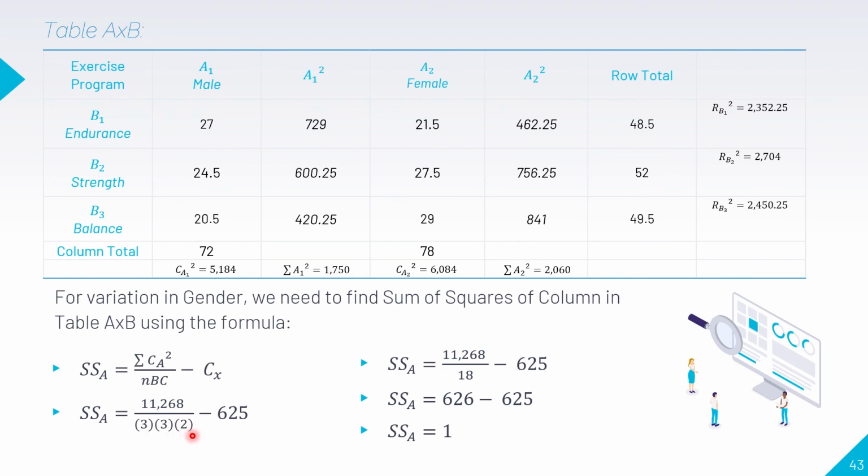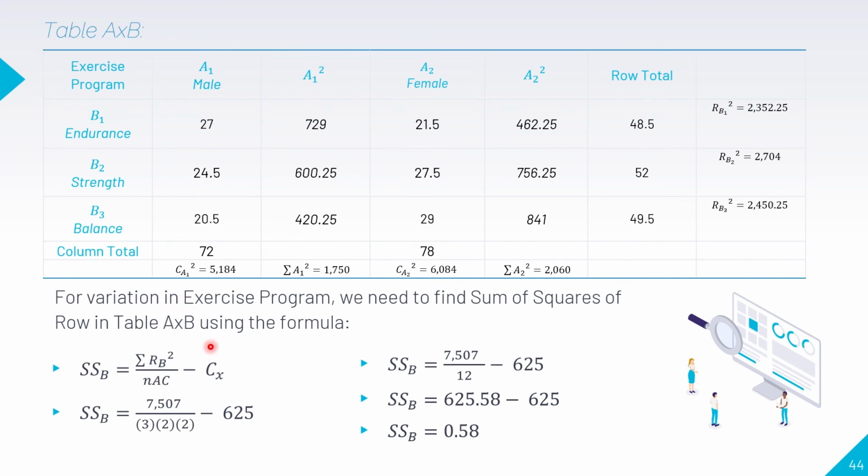So we have 3 times 3 times 2, we have 18. 11,268 divided by 18, we have 626, and our Cx is 625, right? So we just minus that one, and our SSA now is 1.